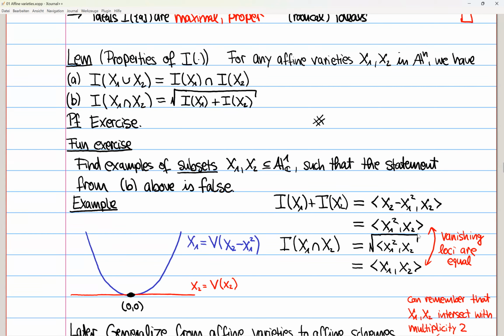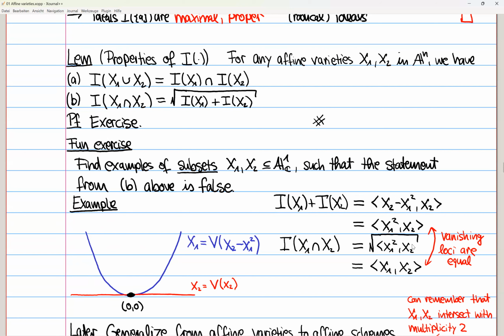It's just x1 squared and x2, and then what the lemma tells you is that the ideal of the intersection should be the radical ideal associated to this. And then when you look at what a radical here is, what you see is that, for example, the function x1 has the property that some power of it is contained in here, namely x1 squared, but x1 itself is not contained in here.